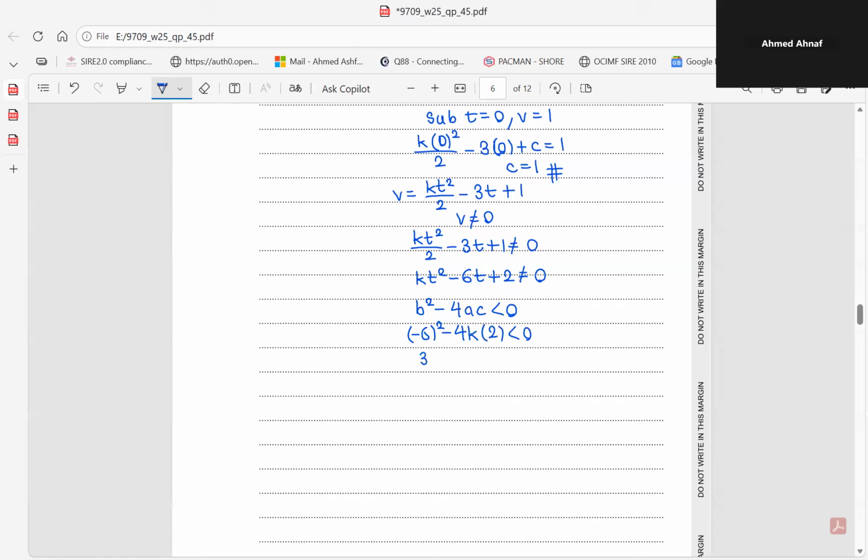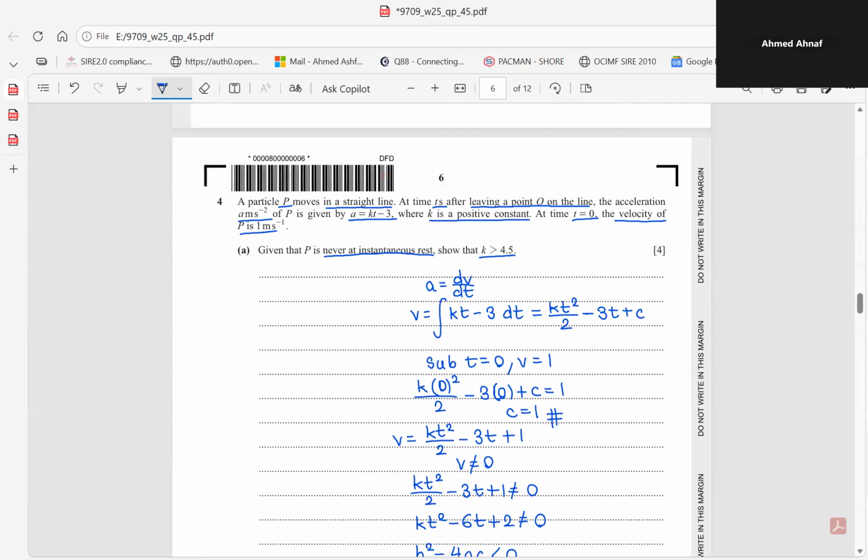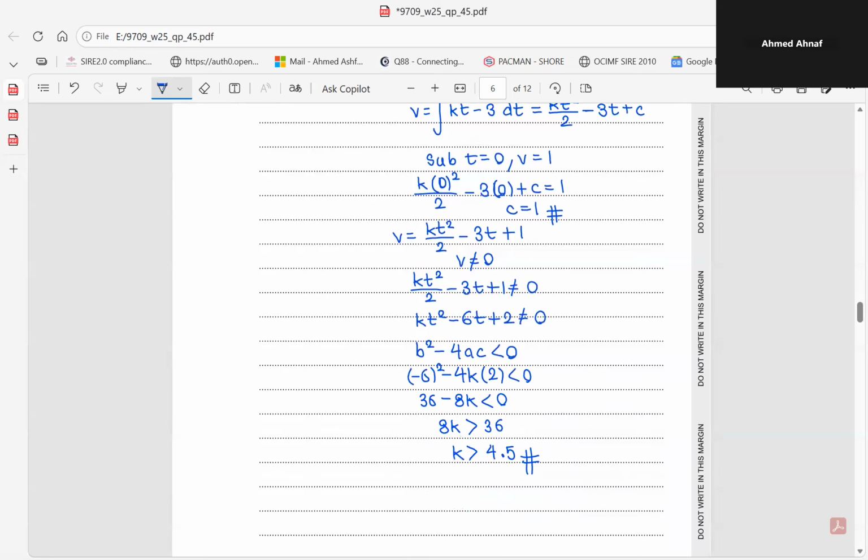Simplifying, you get 36 minus 8k less than 0. Then you get 8k more than 36. Then divide by 8 on both sides, you get 36 divided by 8, which is 4.5. So this would be the final answer for the first part.